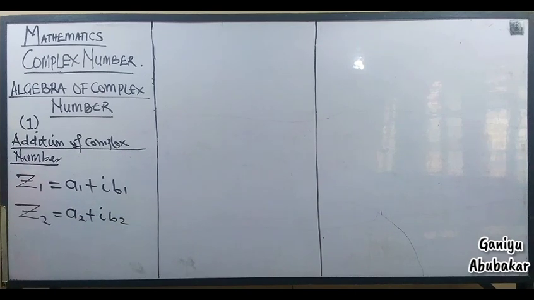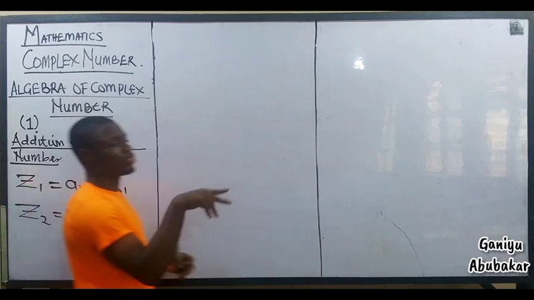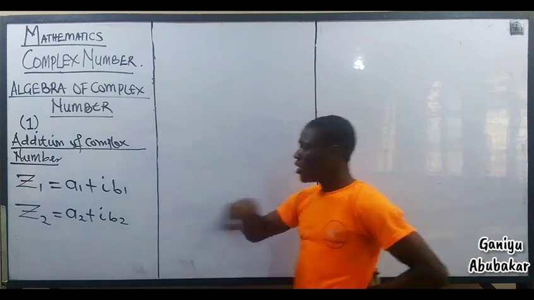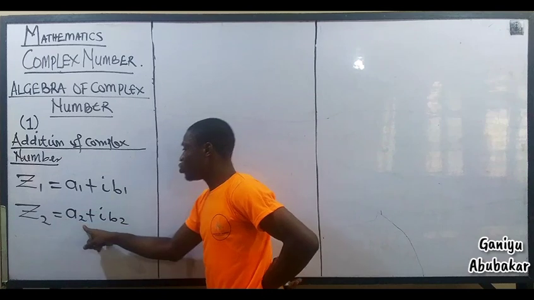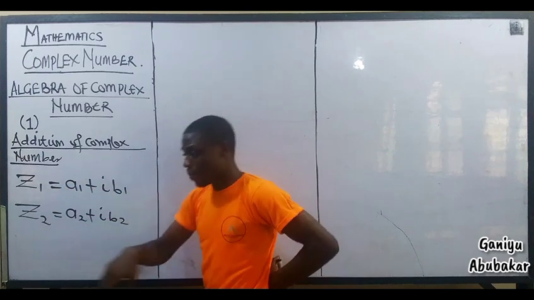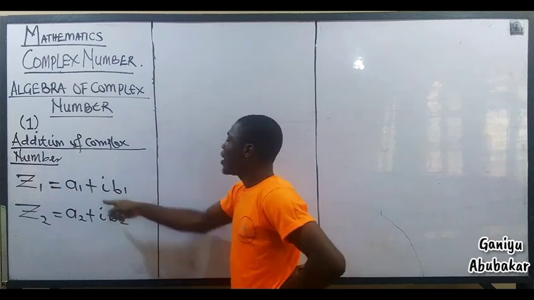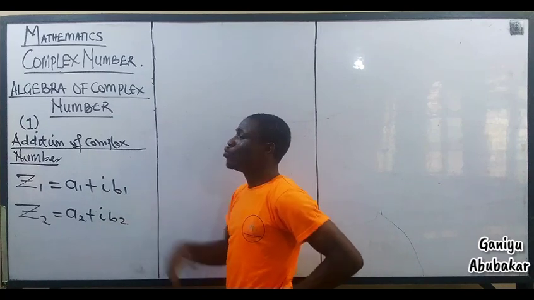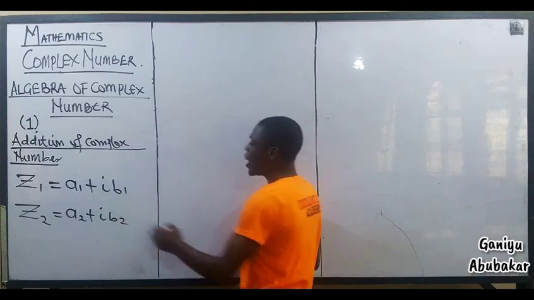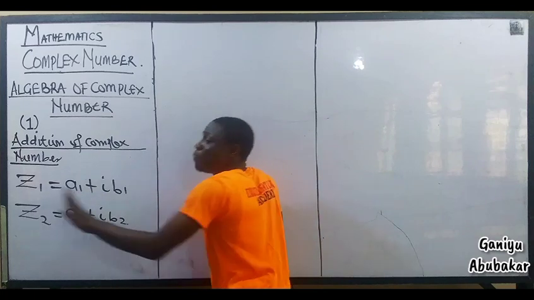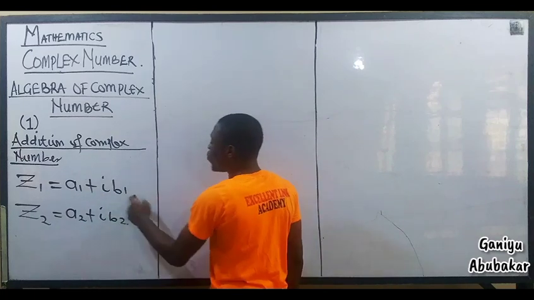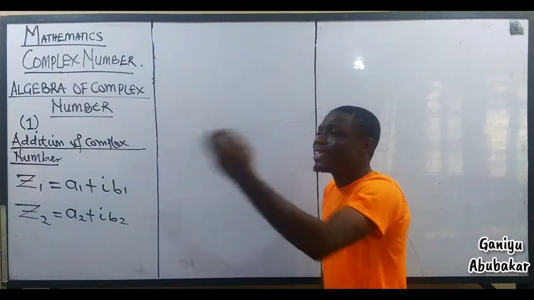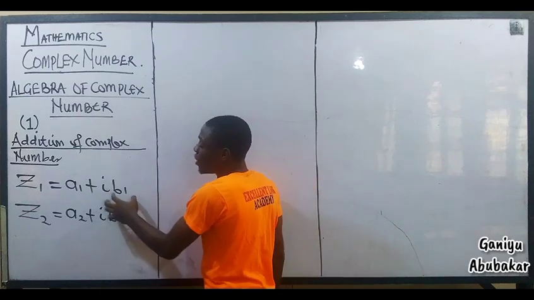Note that a1 and a2 are called the real parts, while ib1 and ib2 are called the imaginary parts. The part that has i with it is called the imaginary part.